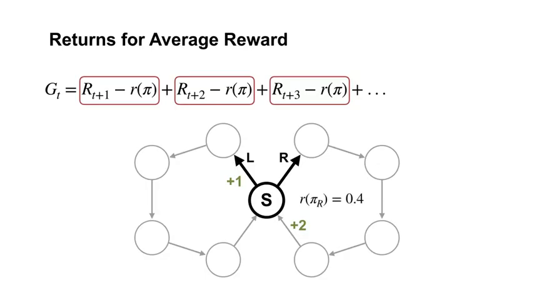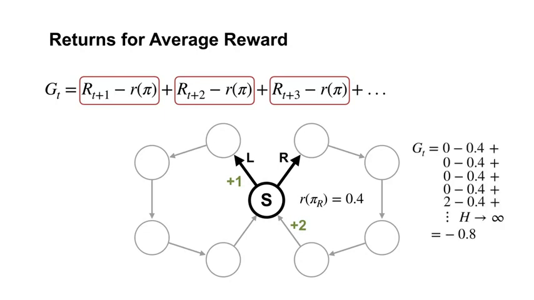Now let's look at the differential returns if the agent's policy is to always take the right action. This policy results in an average reward of 0.4, and the differential return for the policy that takes the right action in state S is minus 0.8. Now what's the differential return for taking the left action once in state S and then taking the right action indefinitely?